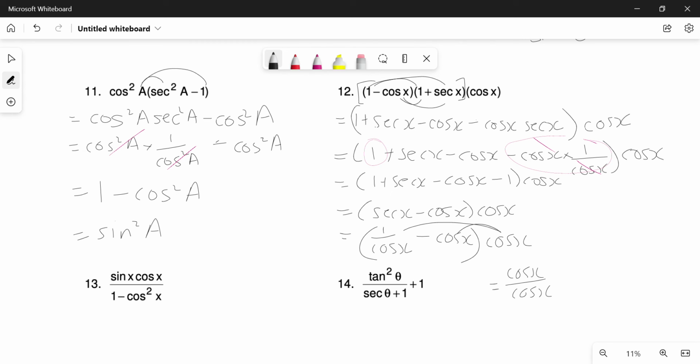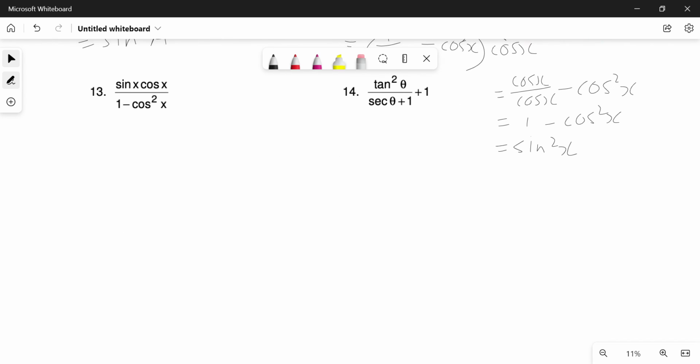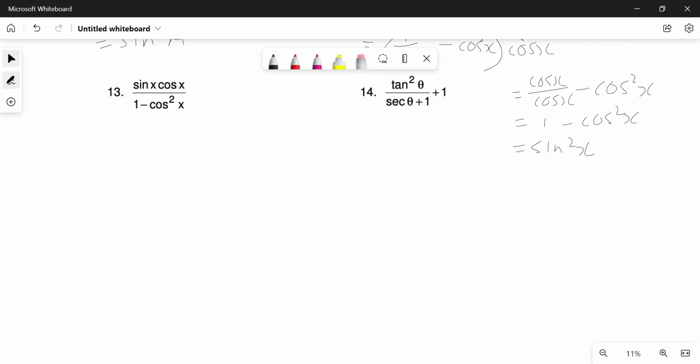When I times this one, I'll get minus cos squared x. So I'm getting 1 minus cos squared x, which we know is sine squared x. We keep getting that one. So again, you could skip a few lines, but be careful because it is a show that. So we need to make sure we provide all the basic steps. So it's good to have more steps and less steps, just to show what you're doing each time.